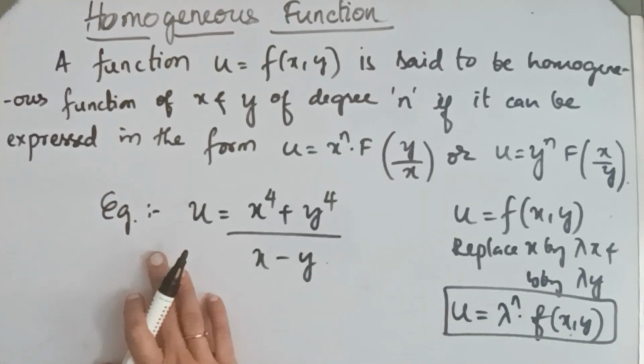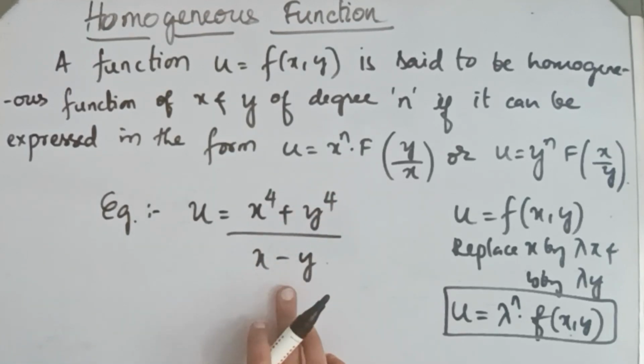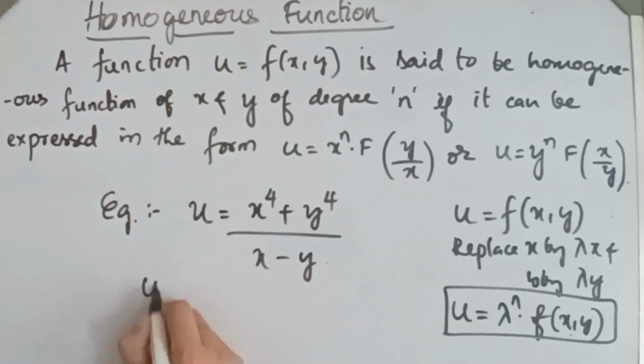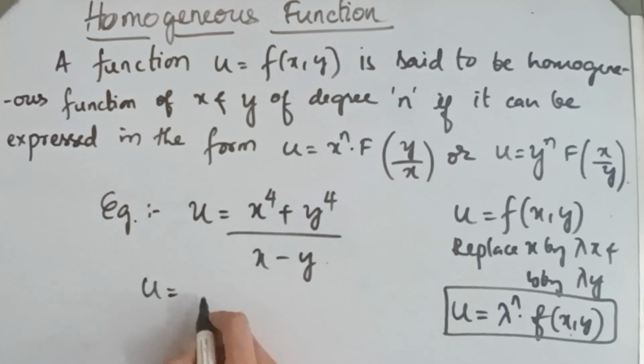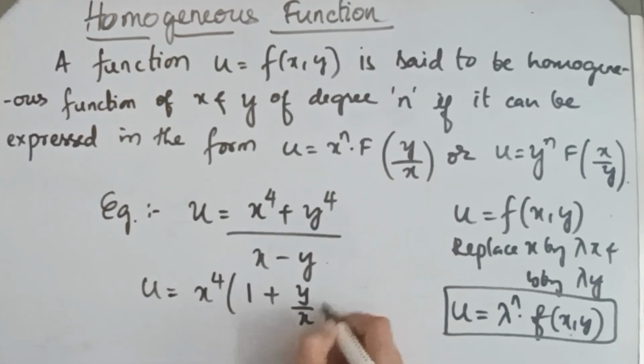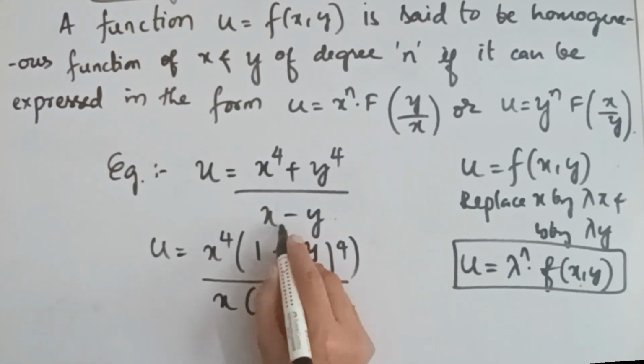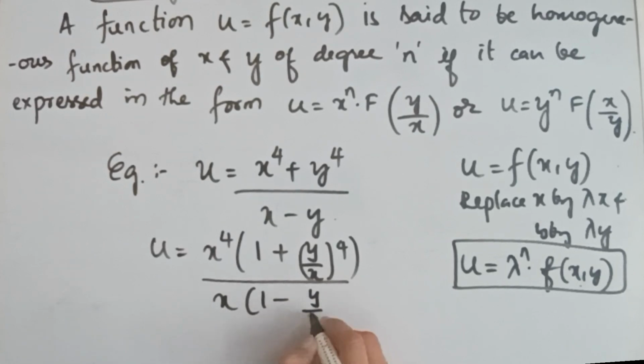Say for example, here u equal to x power 4 plus y power 4 divided by x minus y. See, we can write it in this form, that is x power 4 when you take common 1 plus y by x whole power 4 divided by, here x common in the denominator, 1 minus y by x.